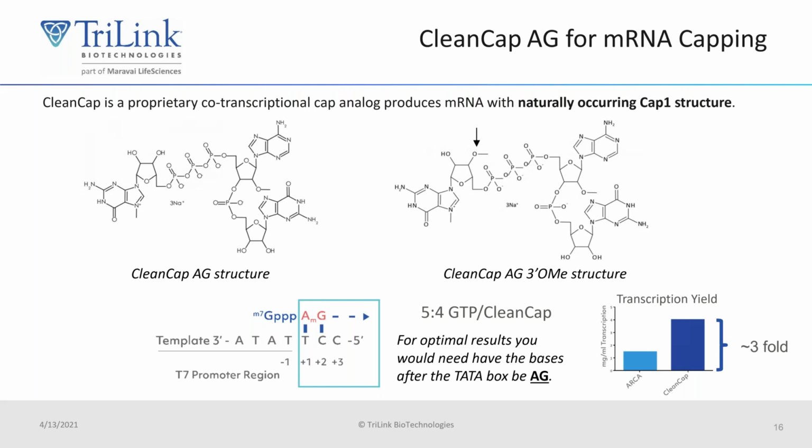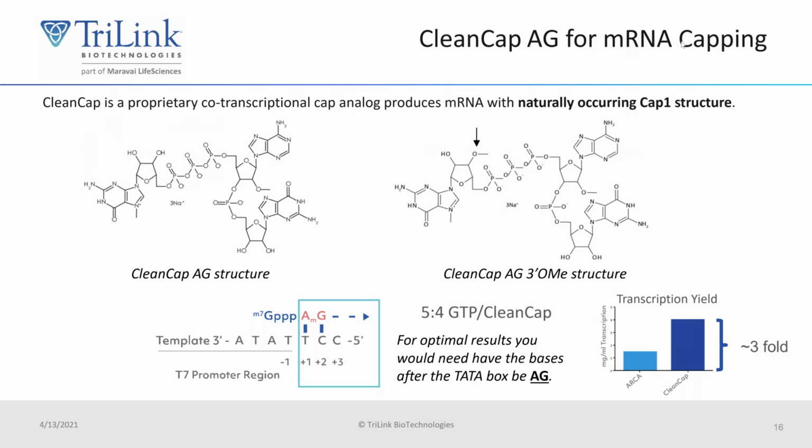We have had some experience playing with some of those buffer conditions and salt content for the transcription reaction to drive even higher capping efficiency, and potentially drive the yield a little bit higher, but it is going to be construct dependent. So while the transcription reactions that we recommend are a very good starting point, we do encourage users to potentially try to optimize those conditions even further to best suit their platform and their program.